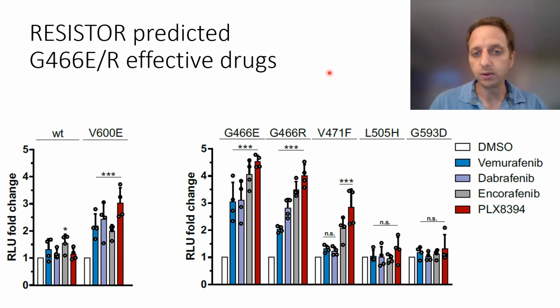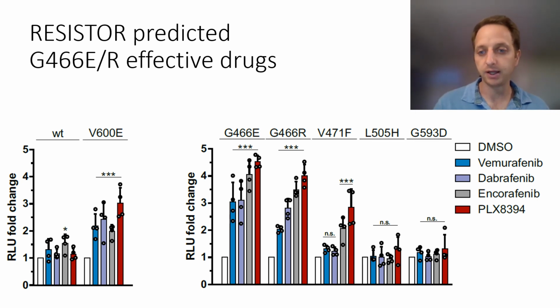And when we do these structure-based molecular predictions, your starting structure is really critical, and everything is sensitive to the starting structure. We didn't see much effectiveness for the drugs for these other 3 mutants, and that makes sense because these drugs target the active conformation, and we just saw on the previous slide that those mutants aren't activating mutations.